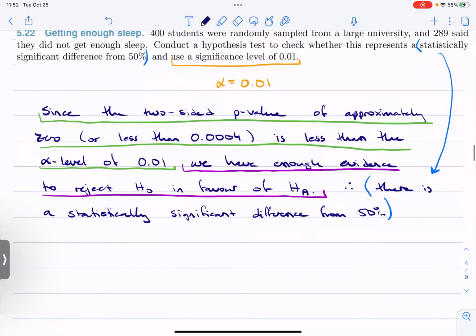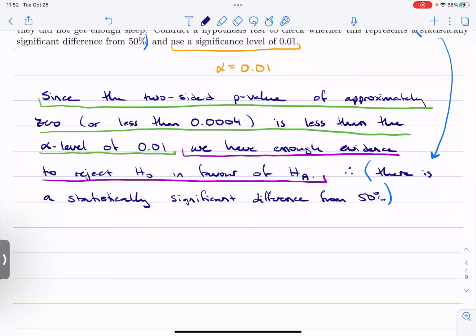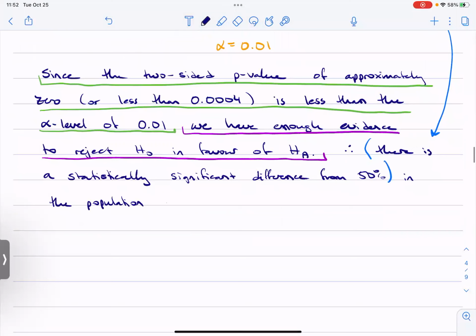There is a statistically significant difference from 50% in the population proportion, because our conclusion is always in terms of the population proportion, or the population. Population proportion of students who say they did not get enough sleep.